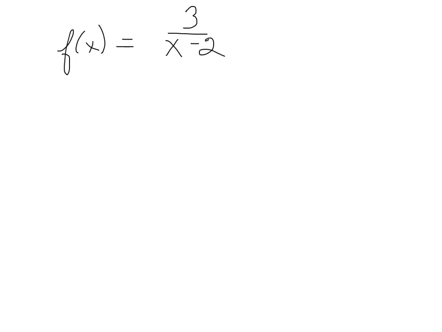Hopefully we have an idea of what that function looks like. Are there any discontinuities? Yes. Where would that discontinuity occur? X equals 2. Is it going to be removable or non-removable? Non-removable. So it looks like we probably are going to have a non-removable discontinuity when x equals 2.